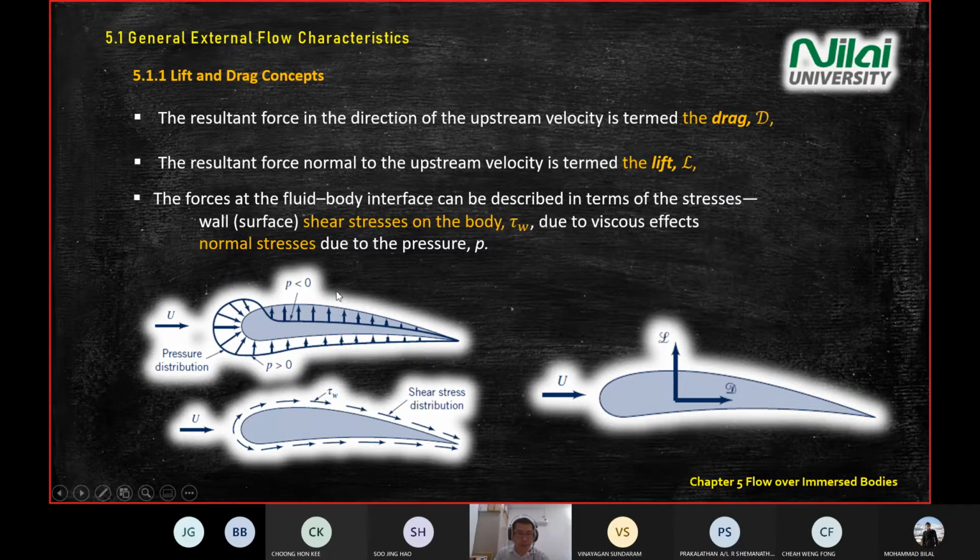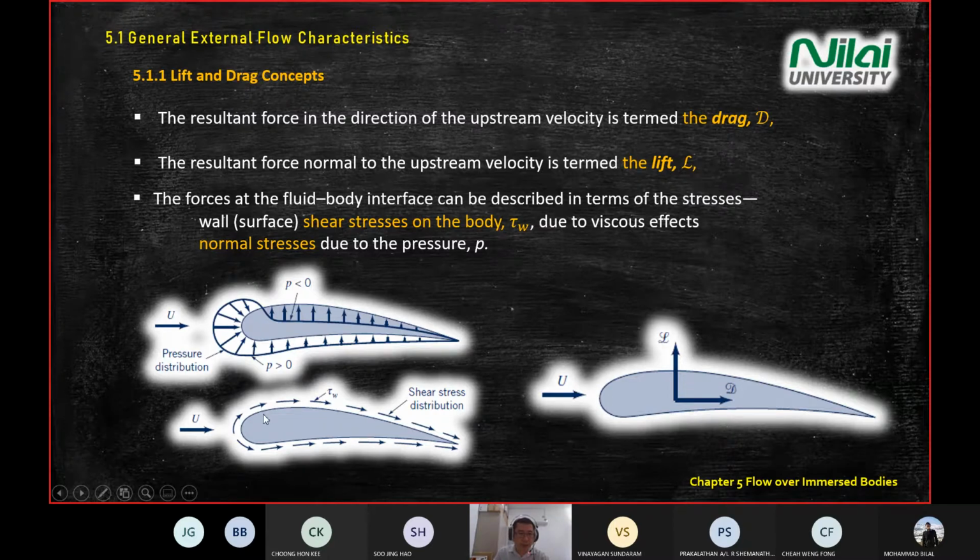For pressure, we will use P to represent pressure in this chapter. And for shear stress, we will use tau W. W means wall, the body of the structure.